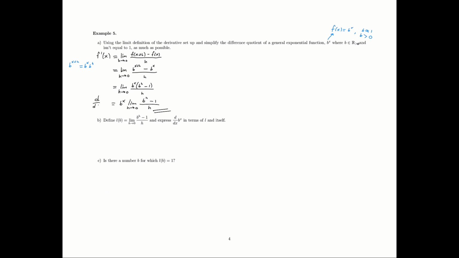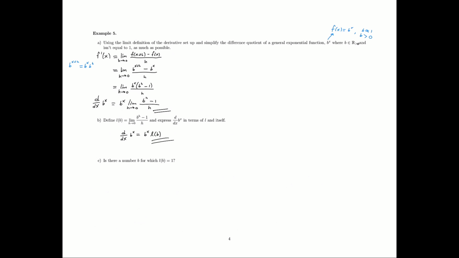So the derivative d dx of b to the x is itself, that's interesting, times some number, because the answer to a limit of an expression would be some number, even if that number depends on this number b. So let's go ahead and do that. The derivative of b to the x, written in terms of L and itself, would be b to the x times this newly defined function.